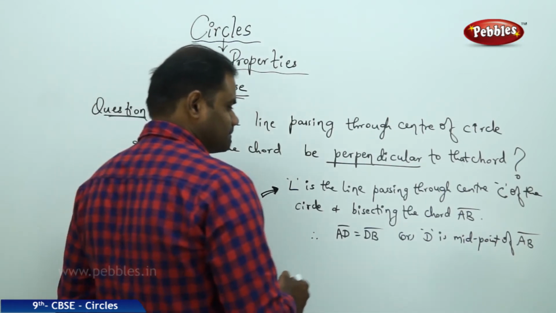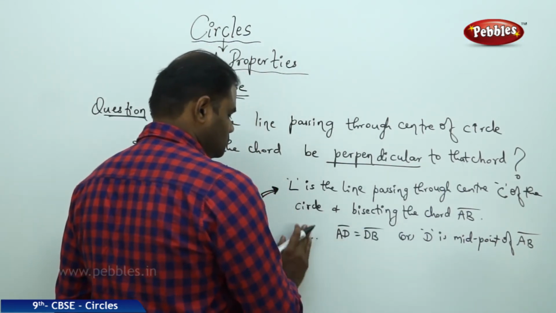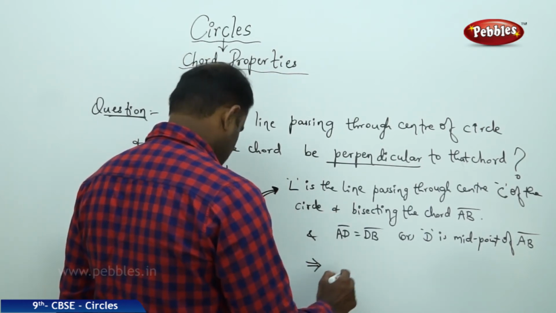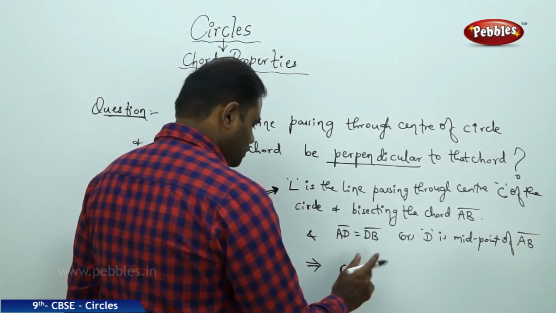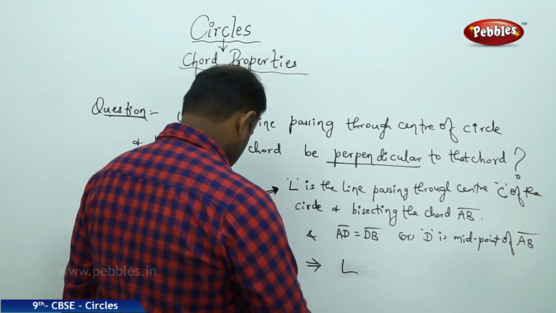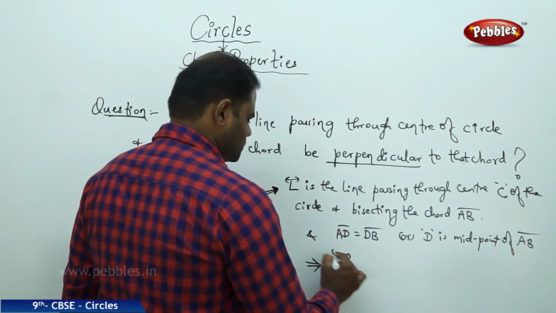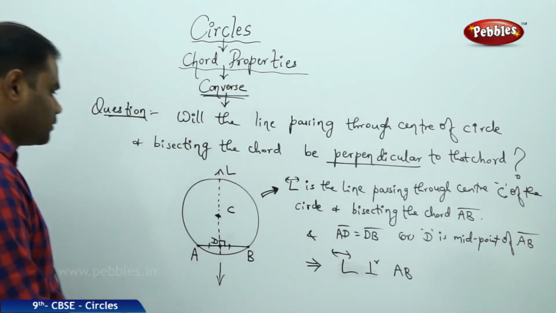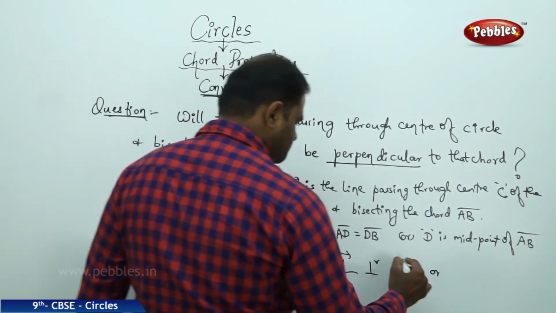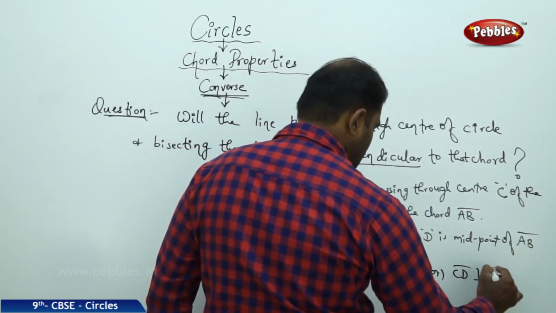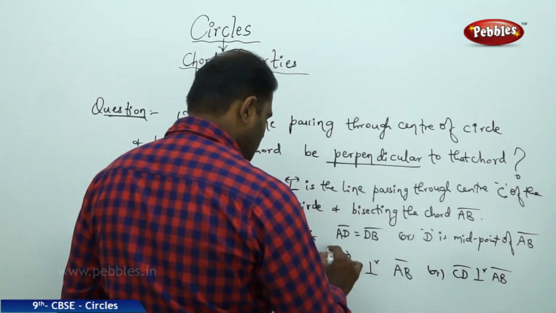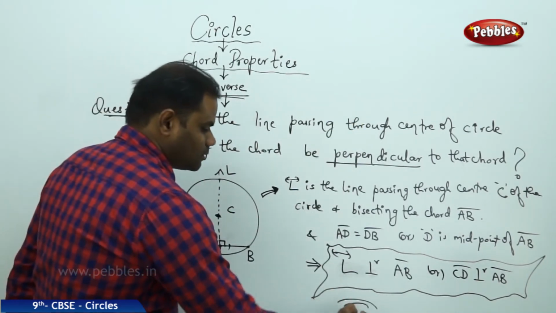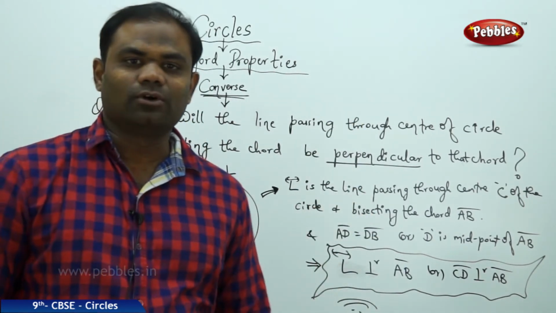Therefore, that implies CD or line L is perpendicular to line AB, or you can also say CD is perpendicular to AB, is how we understand the property connecting the line and the chord.